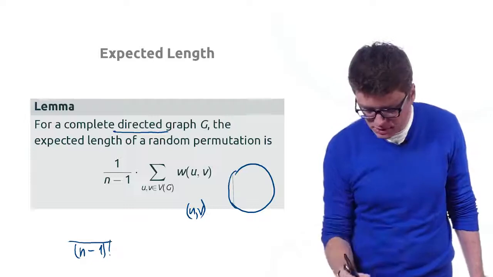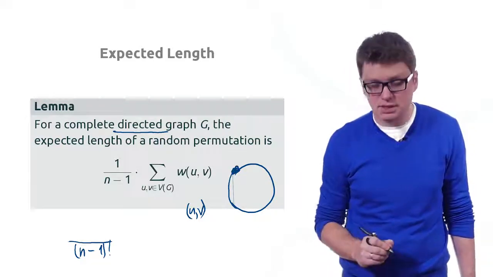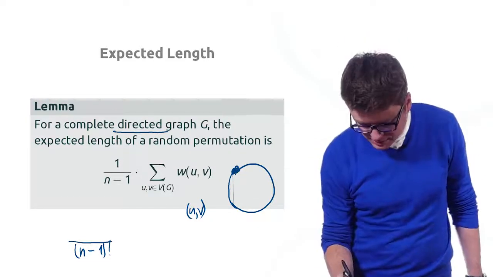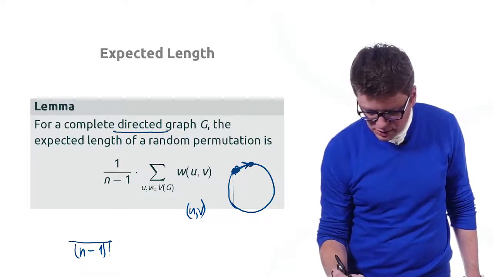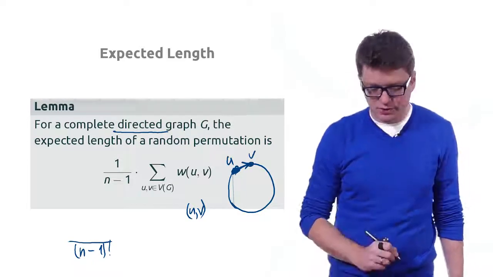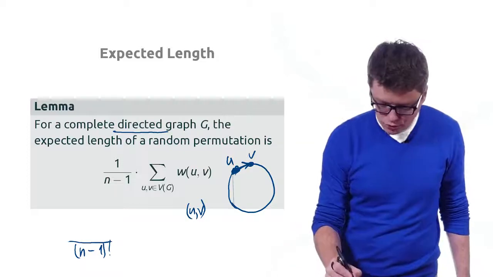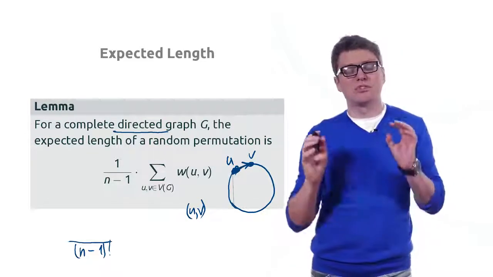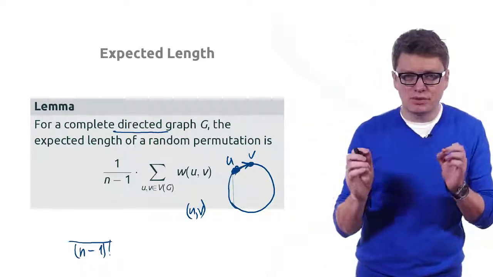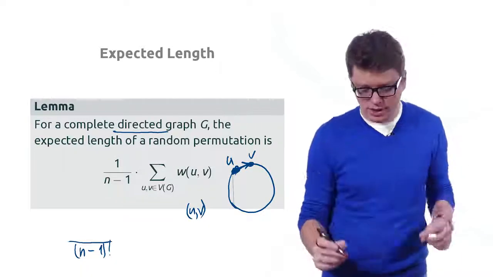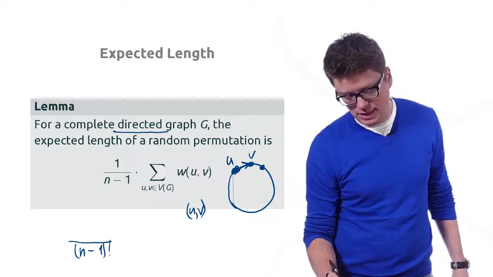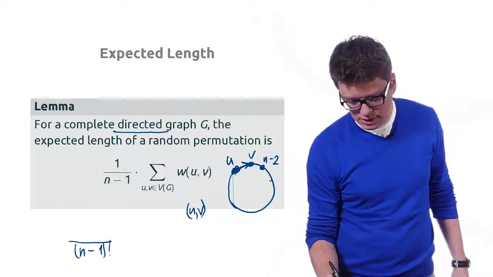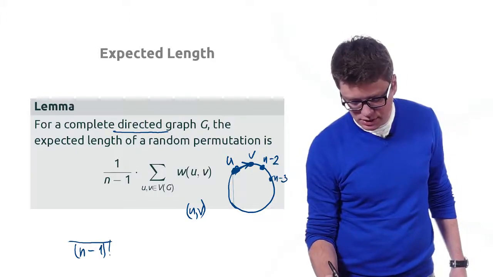So let's assume that U is the starting point of this cycle. Since it has vertex V next, we know that there is U and V here. For all the remaining nodes, we are free to select any permutation: any of n minus 2 nodes here, any of n minus 3 nodes here, and so on.